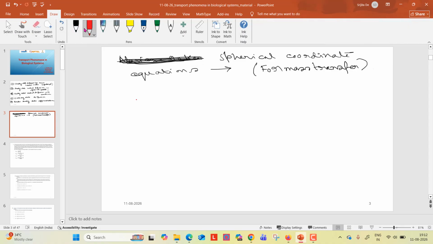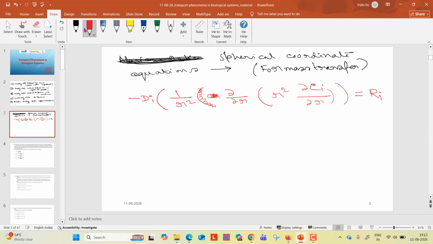So it is minus Di, 1 by r square into del by del r of r square into del Ci by del r, equals Ri, because it is said that there is a steady state diffusion with reaction, right?